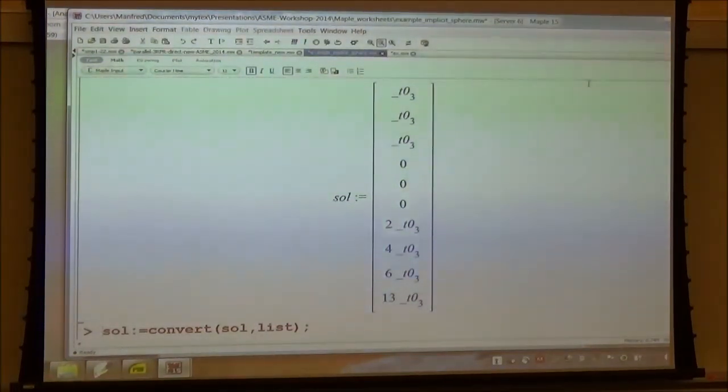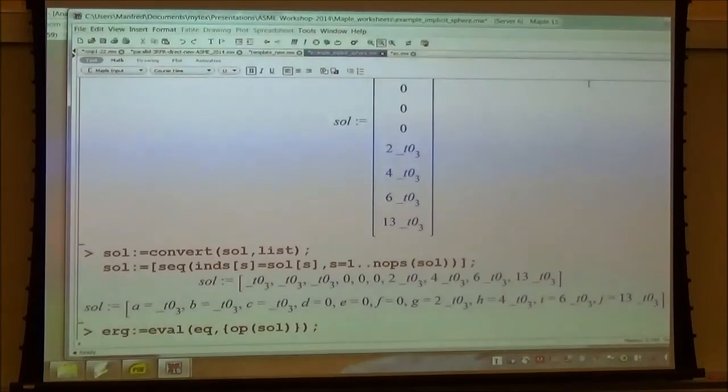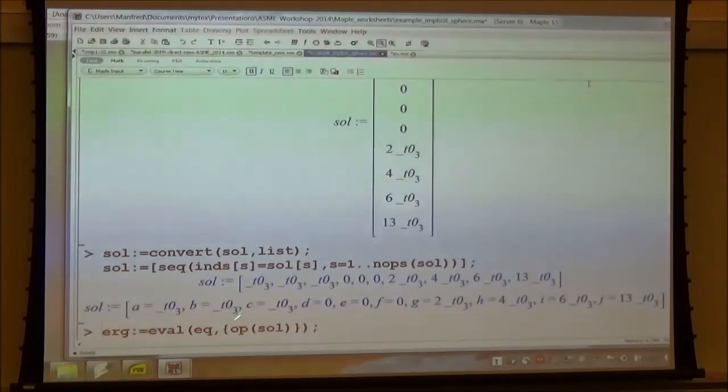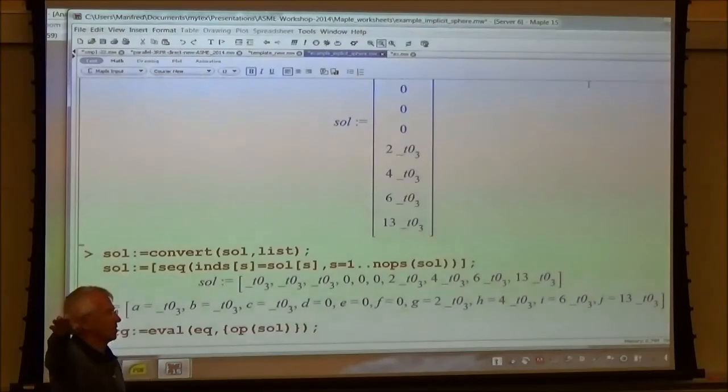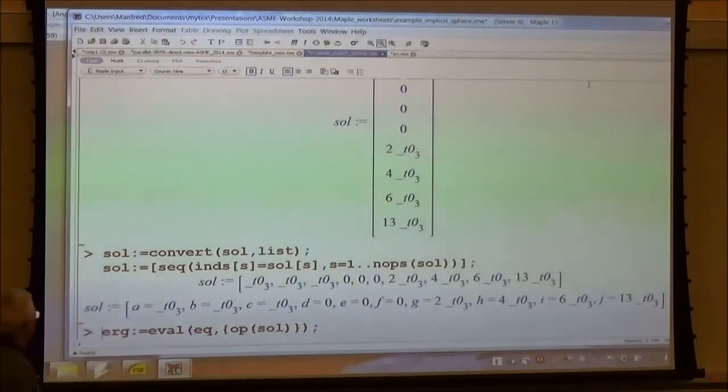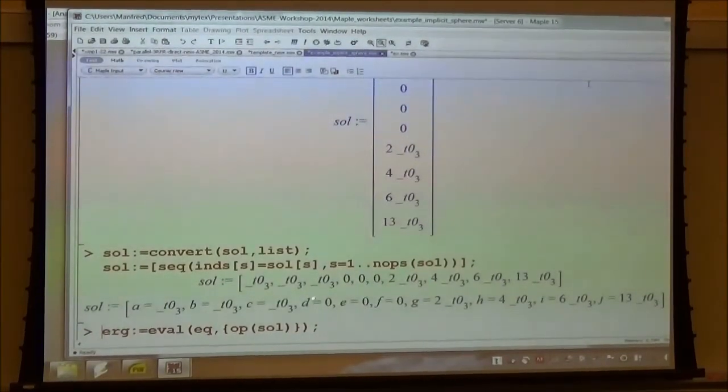We convert these solutions into a list. And you see, there appears a parameter. Yes, the parameter appears because I can multiply the equation with some factor. And many of those parameters are 0.